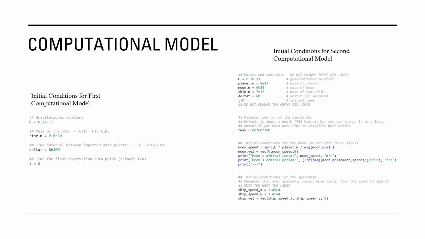So we needed to know the mass of the planet, the moon, the ship, delta T. We need the gravitational constant so that we can go ahead and do the gravitational force equation. And we have all the other initial conditions for the moon and the spaceship.